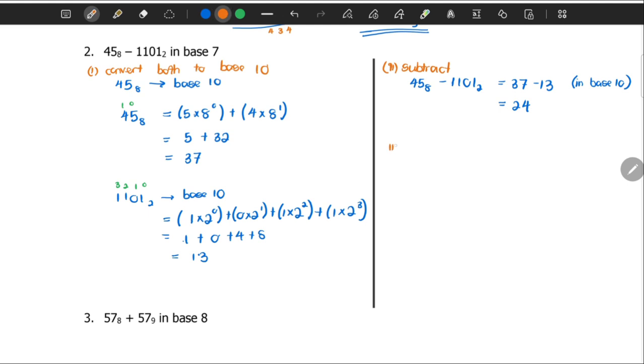Next thing we do is convert the answer to base 7, because that's what the question asked for. So we go back to base, number, and remainder.